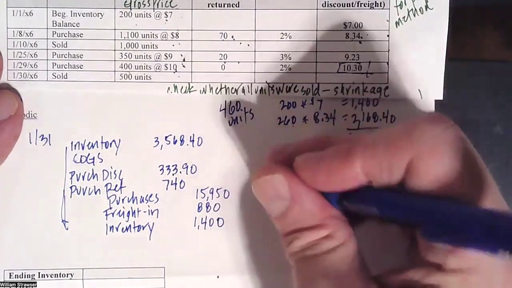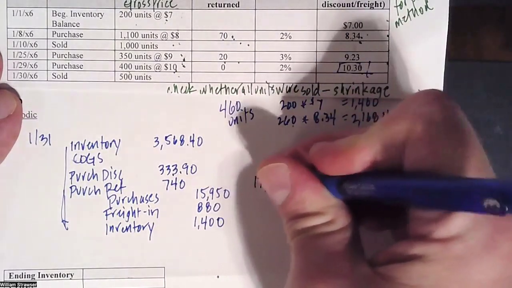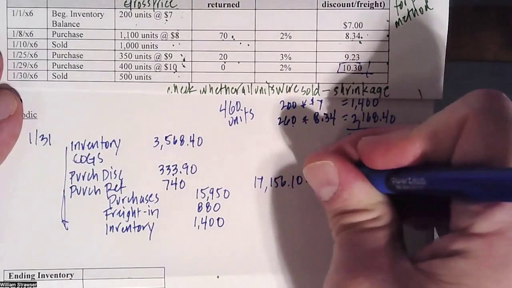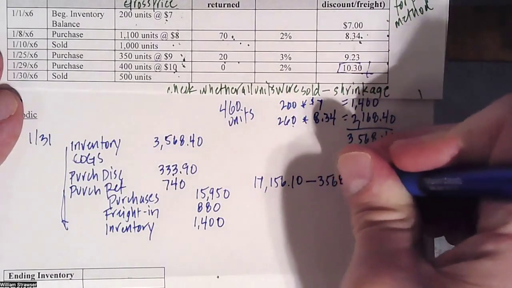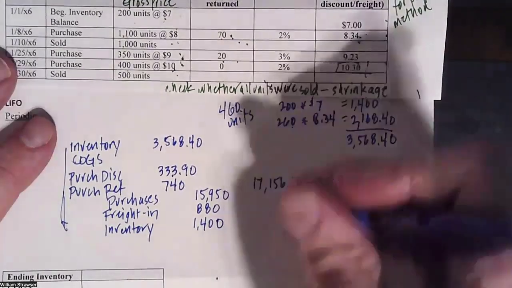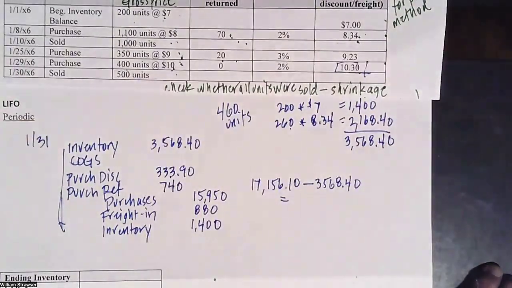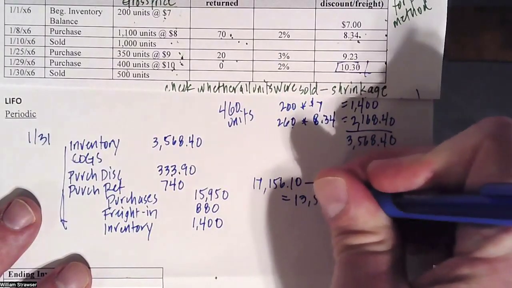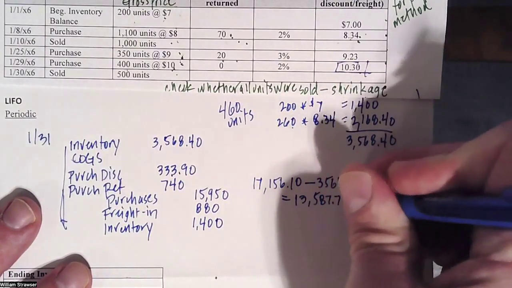We have our goods available for sale, 17,156.10. We're going to subtract off the ending inventory of 3,568.40. And this will give me the cost of goods sold that would plug: $13,587.70.